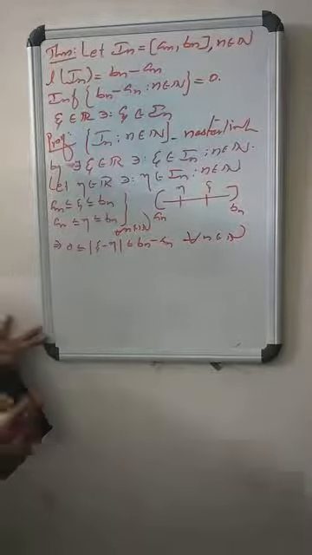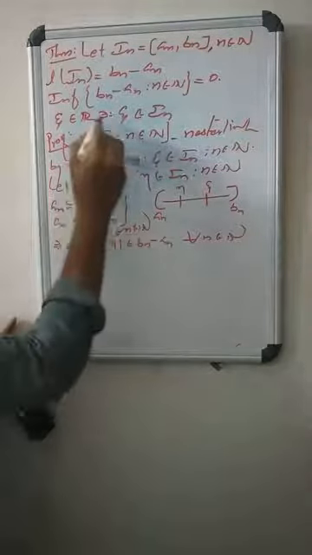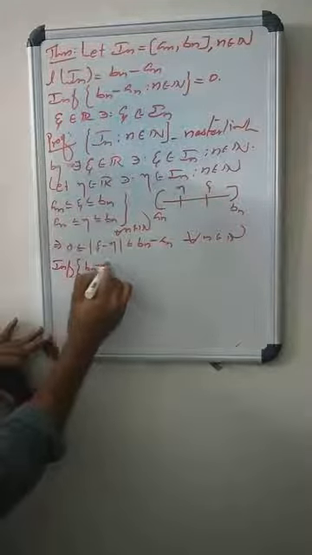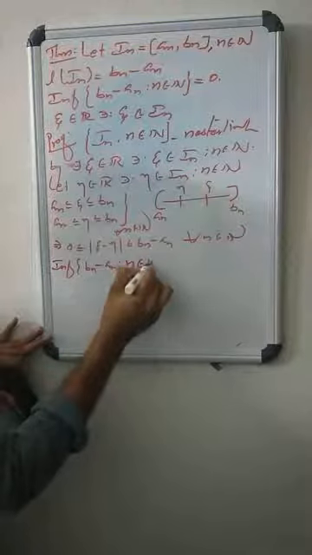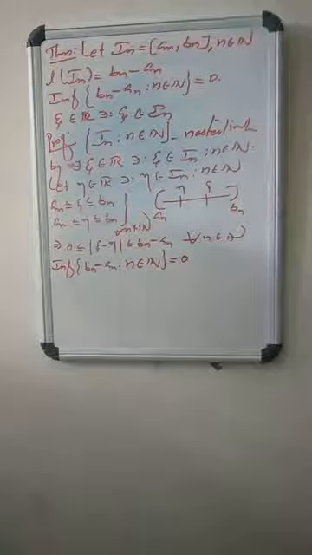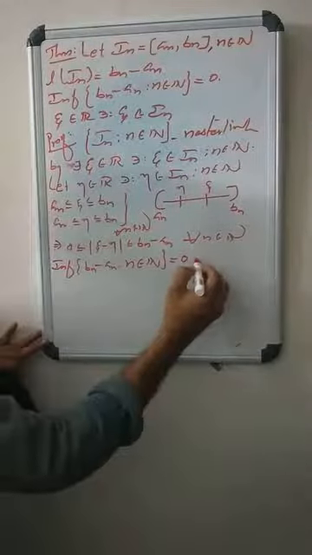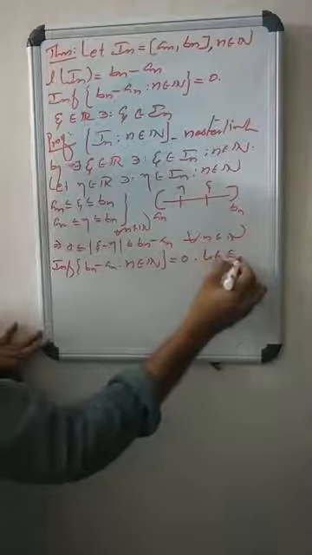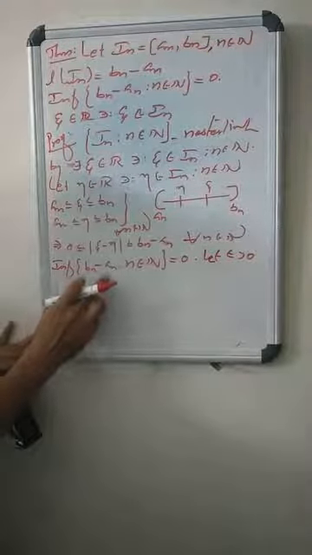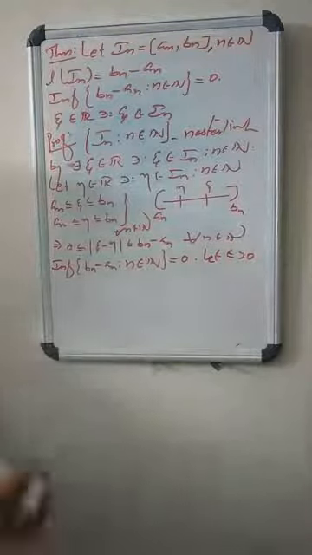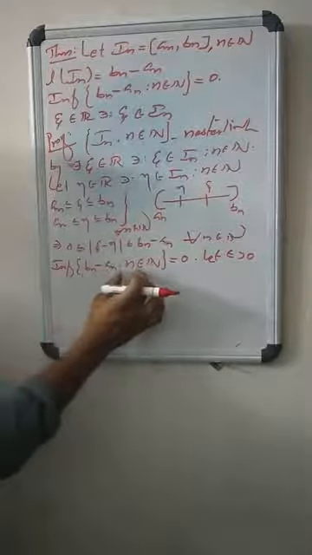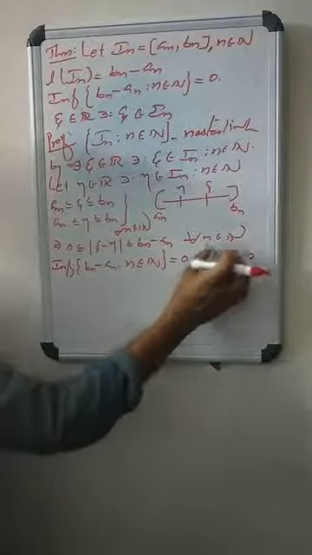Also we have, it is given, the condition that the infimum of the set of all b_n minus a_n, where n falls in N, equals 0. That is the hypothesis. So let epsilon be positive.